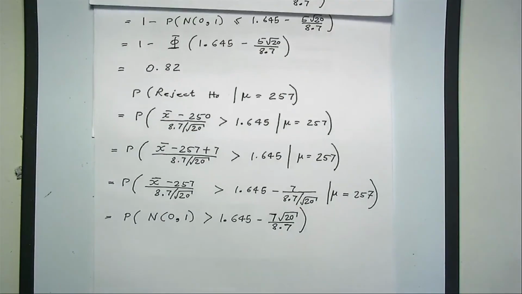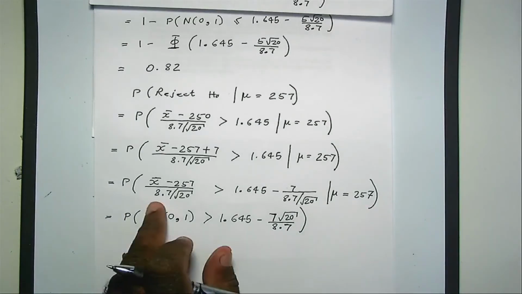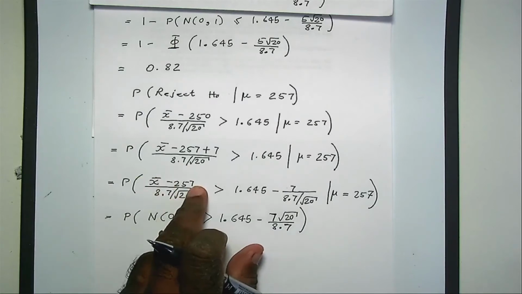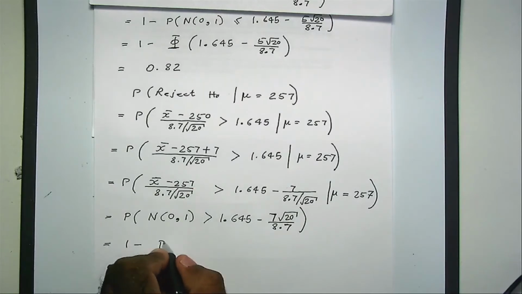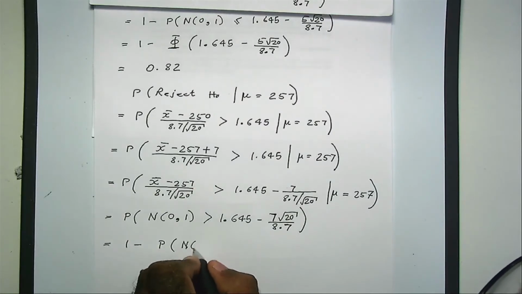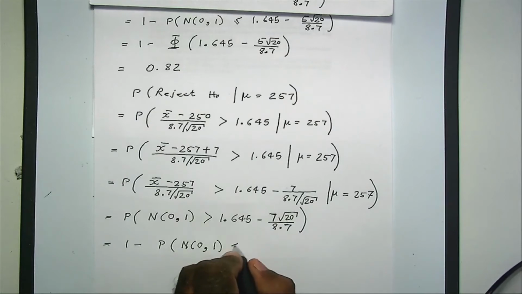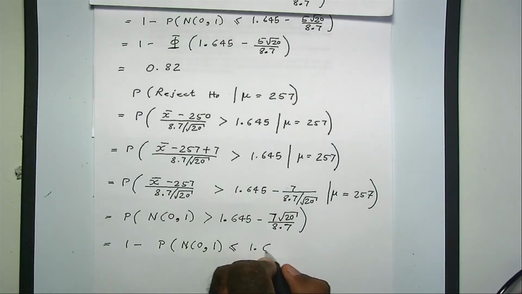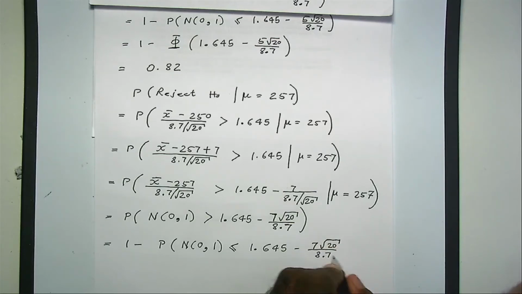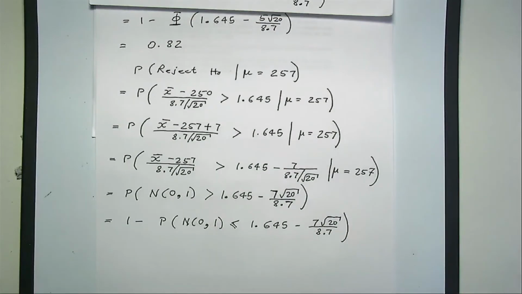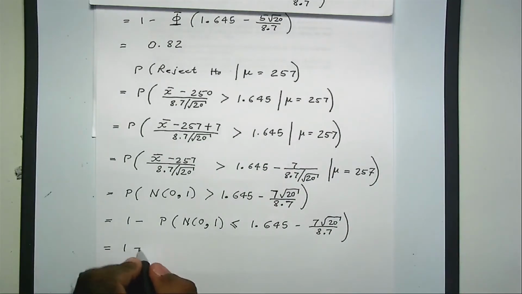Now once again we don't need the conditioning anymore because we have used the conditioning to argue that this has a standard normal distribution. And this you can write as 1 minus the probability, and this is 1 minus capital Phi.